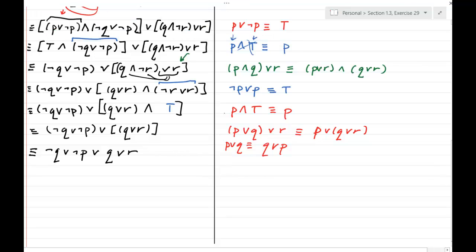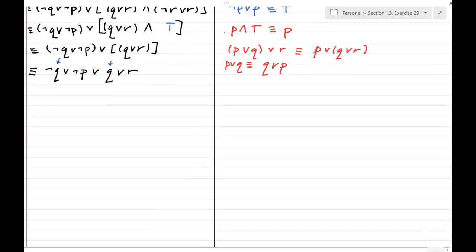Now, I really like the looks of this not Q and Q, okay? If I get those by each other and group them, I know that not Q or Q is true. I know true or anything is true. So literally the light is just shining so bright on us. Okay?